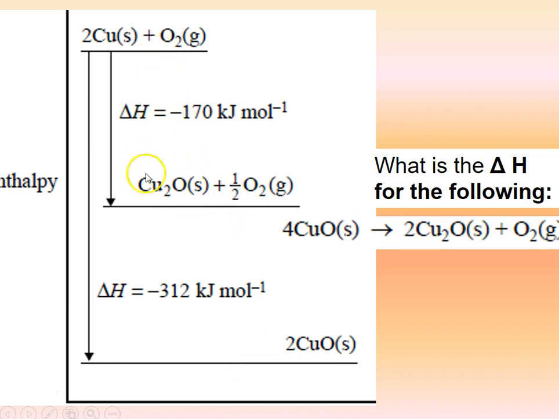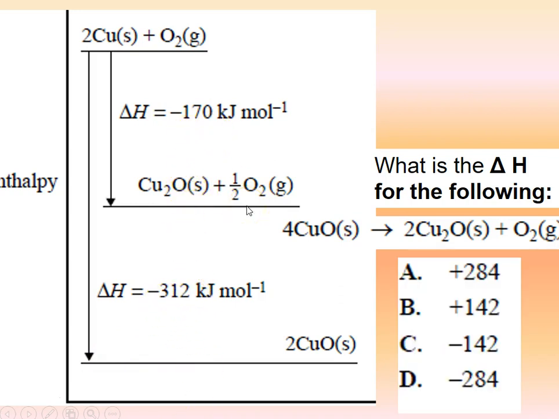So you can see that from here to here, the gap is 170. From here to here, the gap is 312. So the gap from here to here is going to be 312 minus 170. I should have done this first. Presumably it's 142. Yep. We want it doubled. So we want 284.